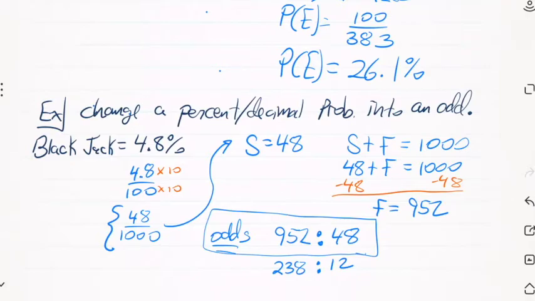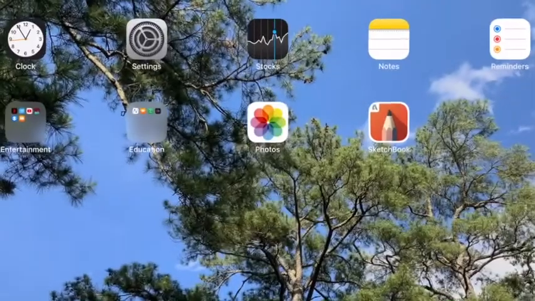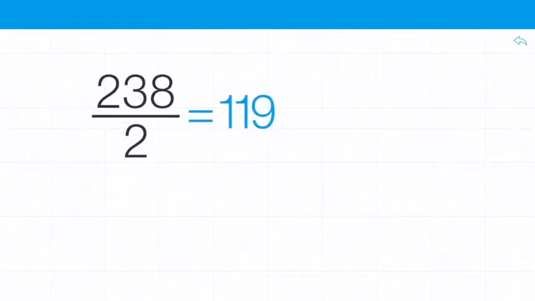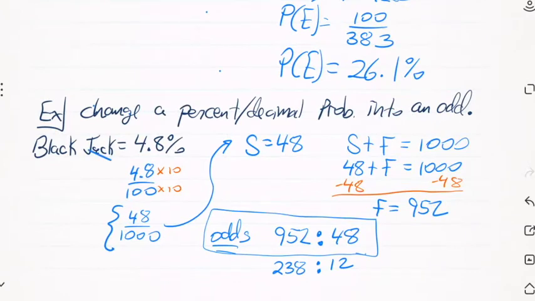That would be 6. 238 divided by 2 is 119. All right, so this breaks down to 119 and 6. And that's the lowest terms. So it's 119 failures and only 6 successes. All right, so that would be its odds.